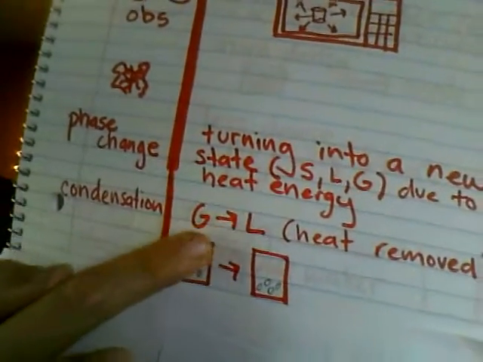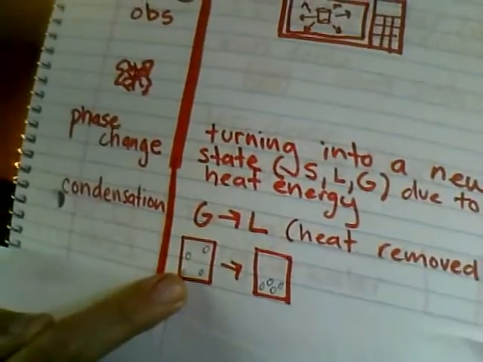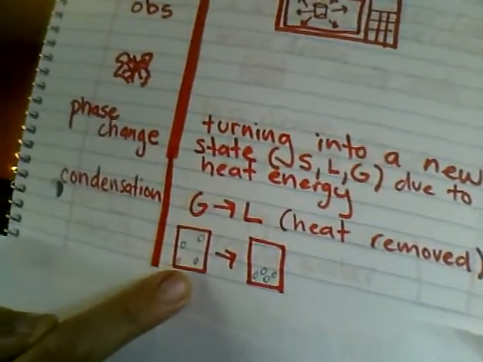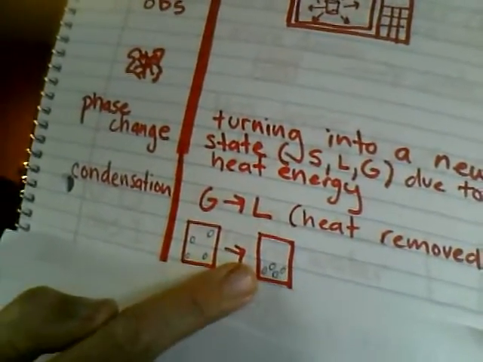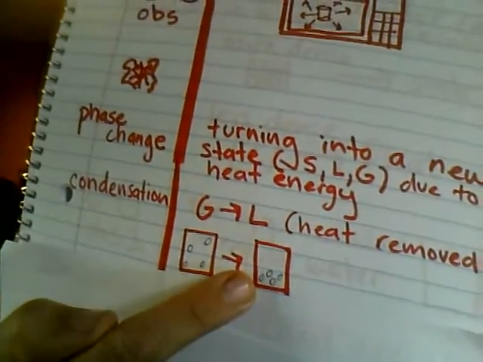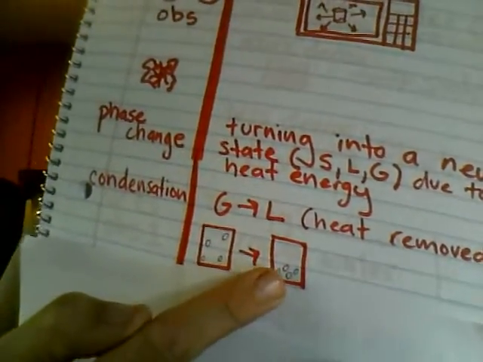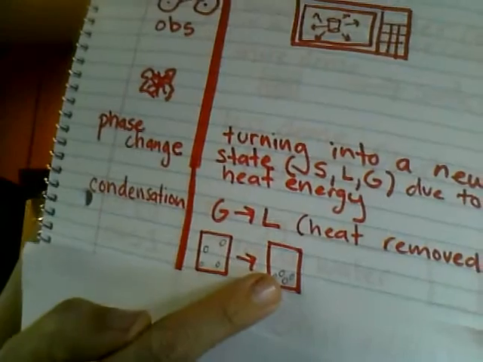So beneath where it says G for gas, you're going to draw a box with 4 atoms that are spread apart, and underneath liquid, you're going to make 4 molecules or atoms that are close together. That's condensation. The reverse of that, if we have a liquid and we heat it up and it turned into a gas, is evaporation.